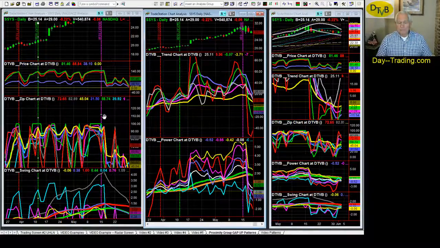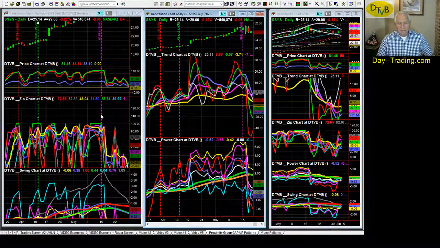I want to say the vast majority of the time when Zip Zion hits 100, it goes back down the next day. It's a high percentage of the time, because it's real hard for the Zip Zion, the grandfather to Zip Green, just to maintain being at 100. It just takes a lot of power. A lot of people have to continually enter the market if Zip Zion is going to remain at 100.